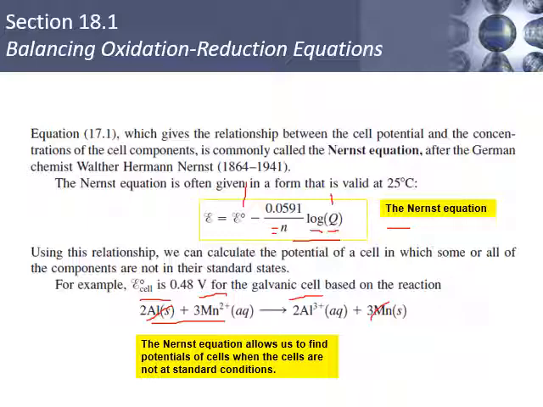And then the Q is going to be the concentrations of products over the concentrations of reactants raised to their coefficient power. So for this one, it would be Al3 plus concentration squared over the Mn 2 plus concentration raised to the third power. Next slide.